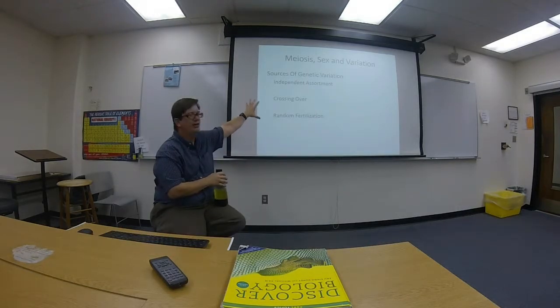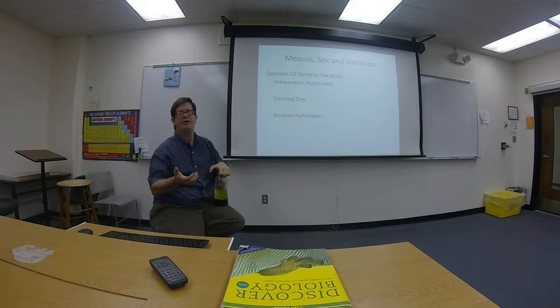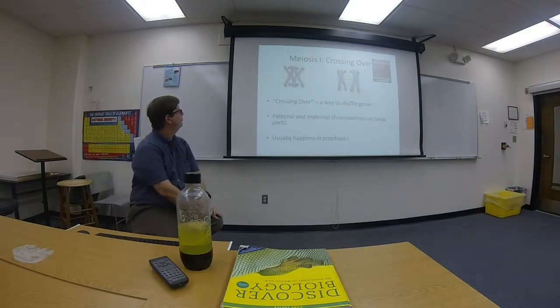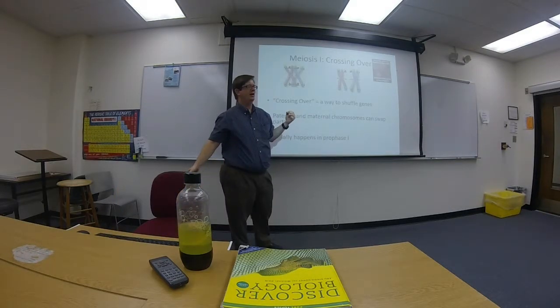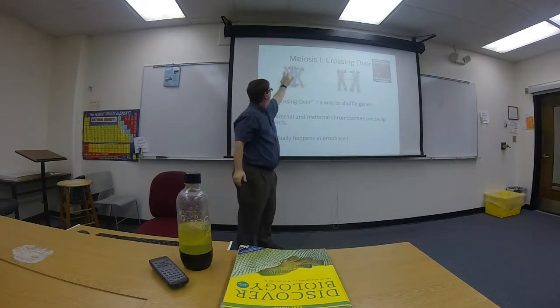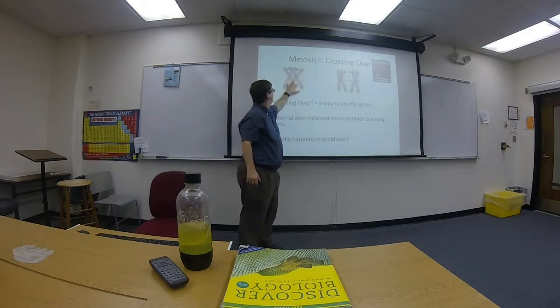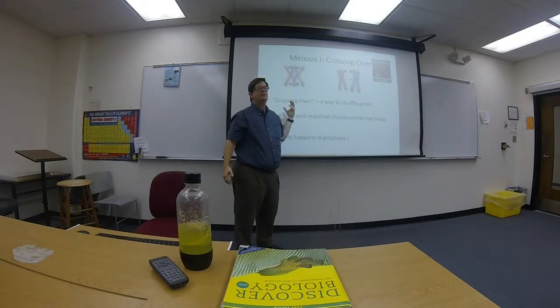These are 3 reasons why sexual reproduction promotes genetic variation and makes sure the babies are not all the same. This is a big deal. You have tetrads. This is a double chromosome, this is a double chromosome. It's the same type of chromosome though, do we agree? Right?